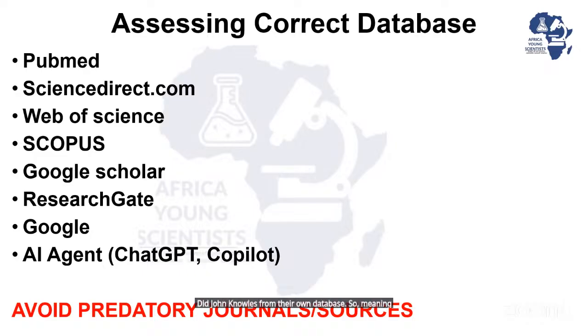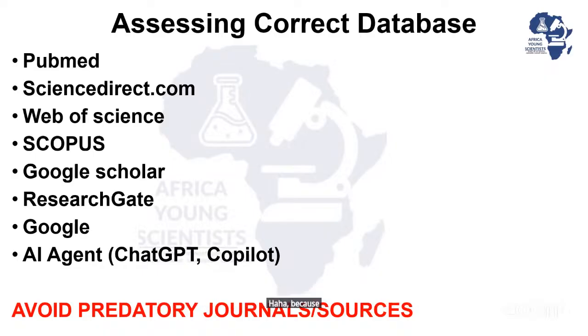That means you can be sure the information you're getting has been peer reviewed and, to a certain level, is reliable. Yes, some of these journals still suffer retractions, but at least they will, to some extent, erase predatory journal sources for you, which other platforms like Google will not. The same goes for Google Scholar and ResearchGate.